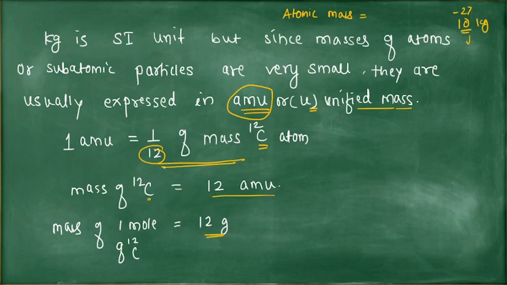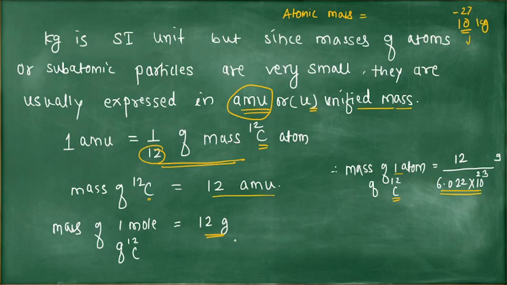So now calculate the mass of 1 atom of C12. So divide 12 by this quantity. Why this quantity? Because 1 mole consists of a number of atoms equal to Na.